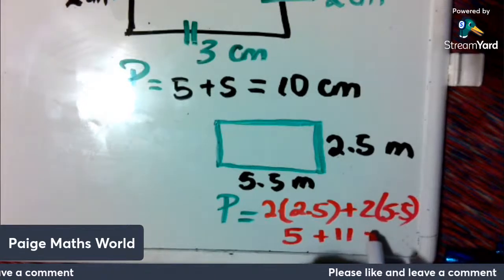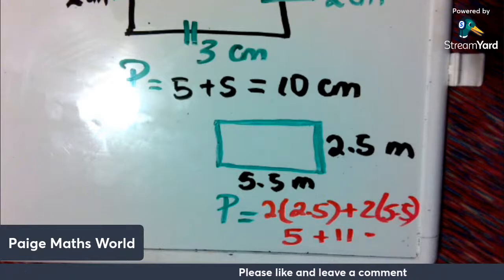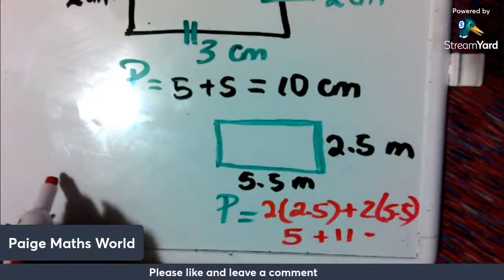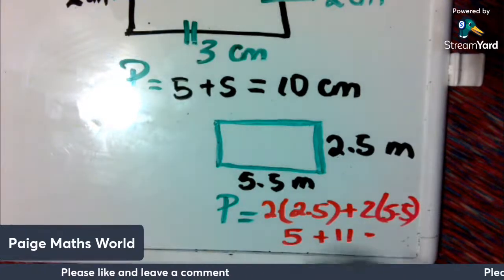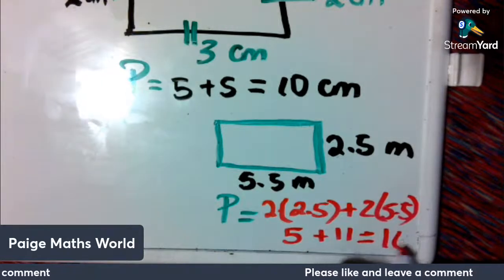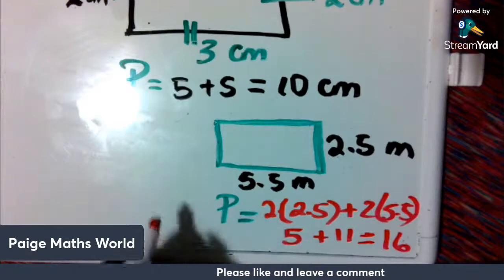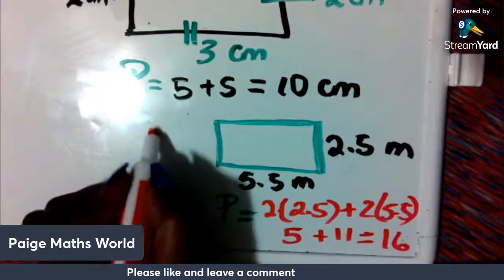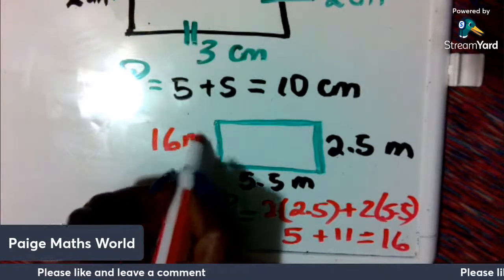Yeah, 11. And 11 plus 5 is 16. And so the perimeter for this particular rectangle is 16 meters.